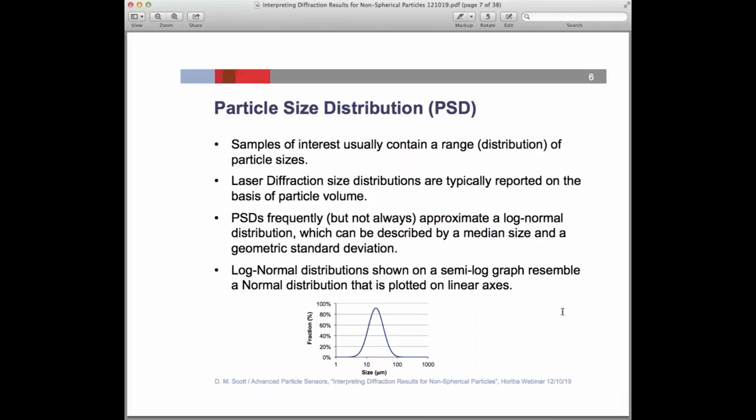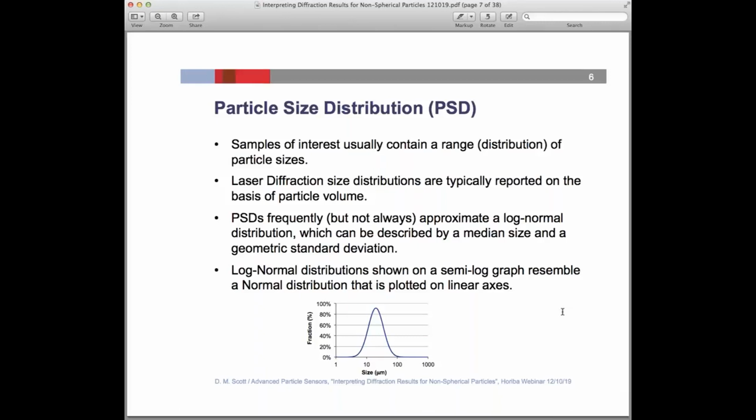Particle size distribution is a mouthful, so we usually say PSD. So PSDs frequently, but not always, approximate a log normal distribution. And you've probably heard that term before. And log normal distributions can be described by a median size and a geometric standard deviation.